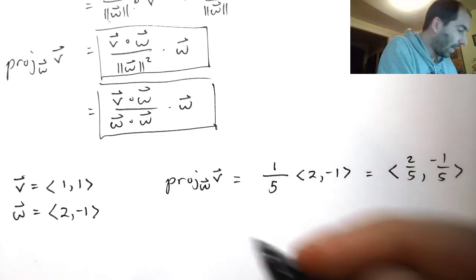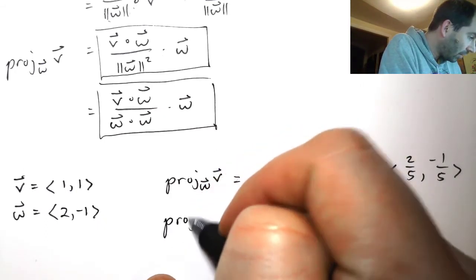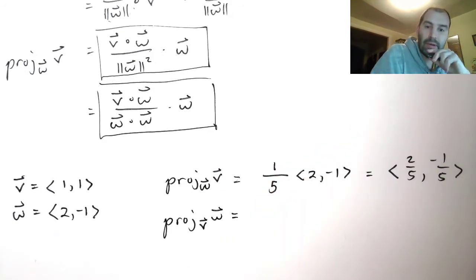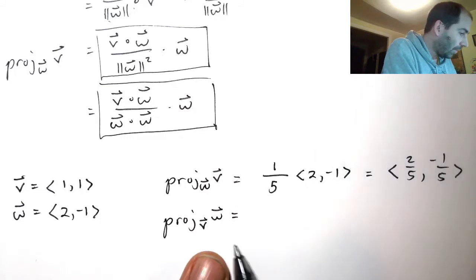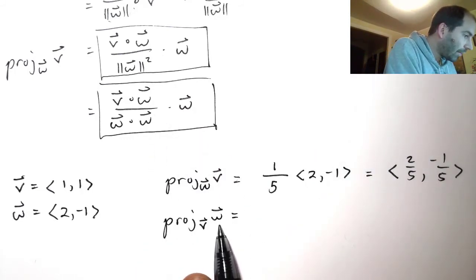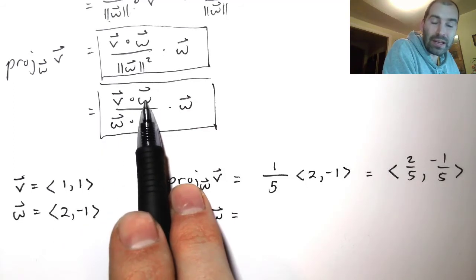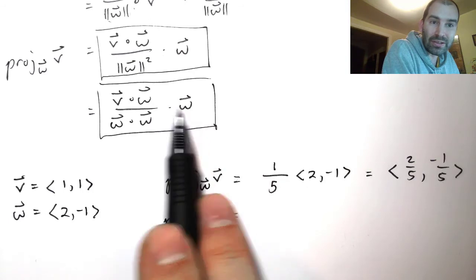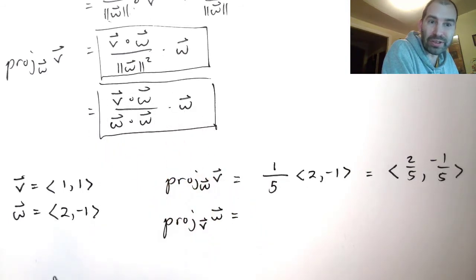Now let's do it the other way around. Let's project the vector w onto v. Let's do it that way. Well, here I'm going to take w dot v divided by v dot v times v. So the v's and the w's are changing roles here.